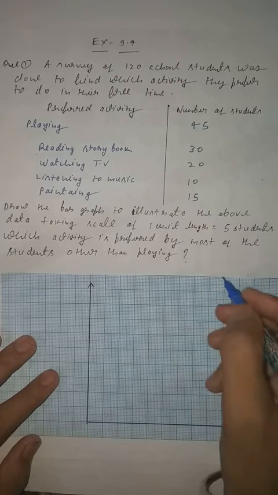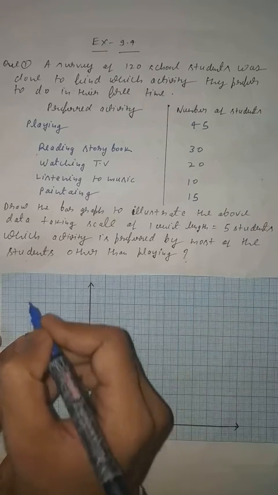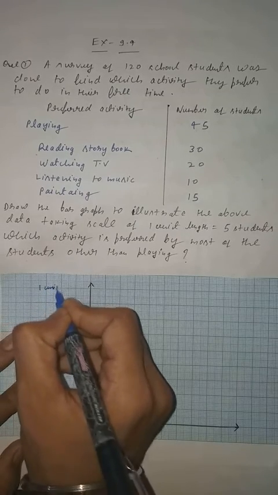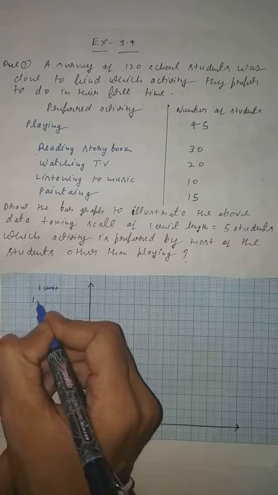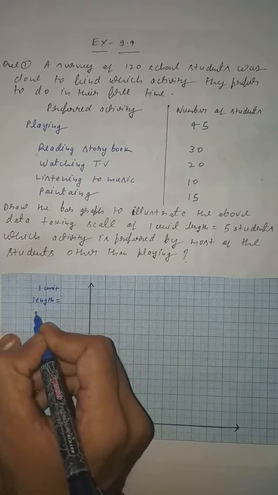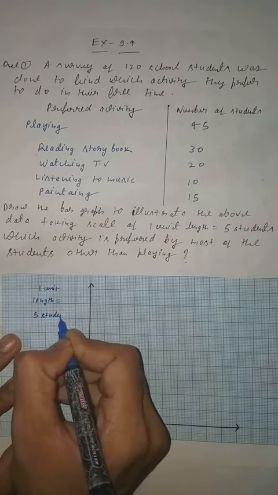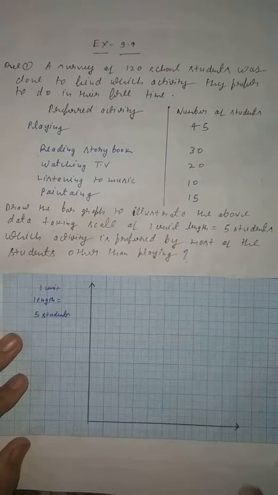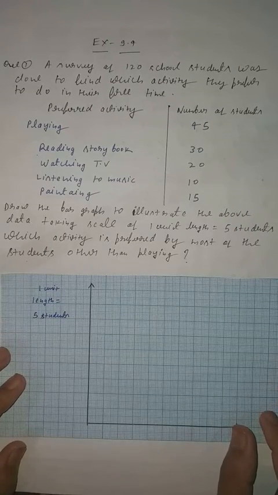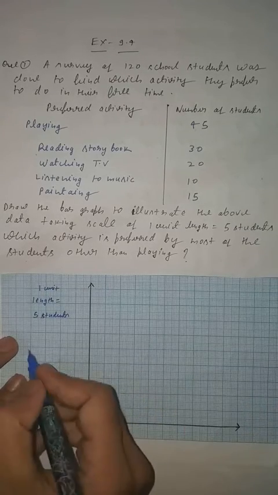Here you can write down 1 unit length equal to 5 students. Clear, students? Anywhere you can write it down. Now come to the point. Here you will write down what? Number of students.